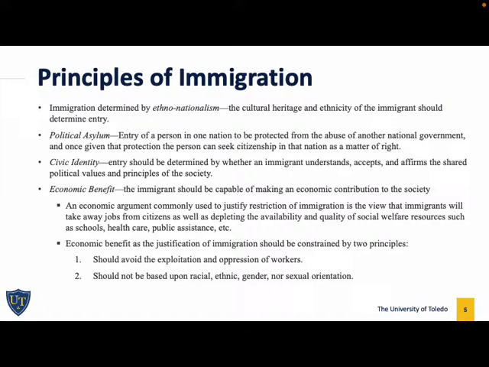They leave that country, which is their right, and they seek asylum in another country. And seeking the right to political asylum includes a right to be considered for citizenship.